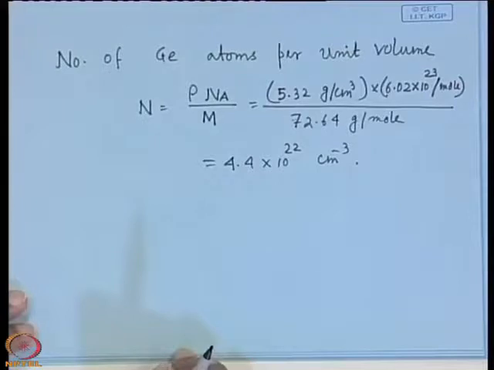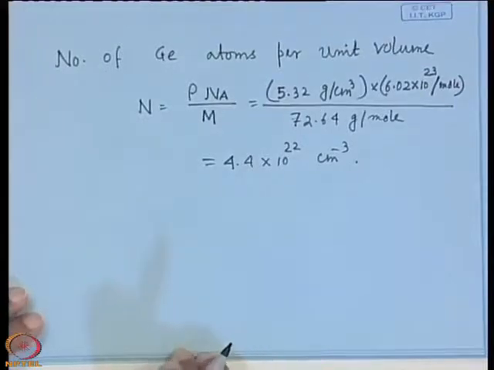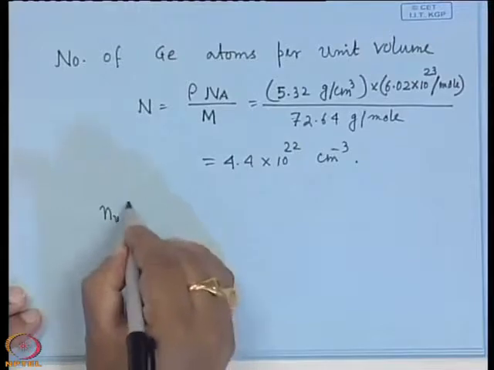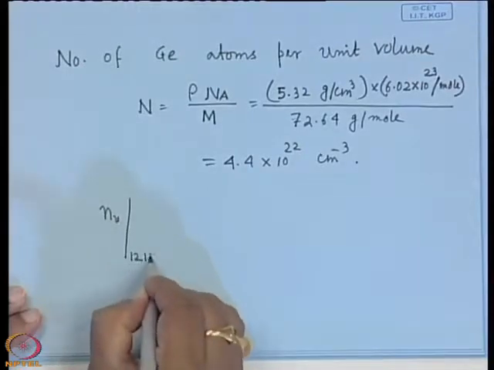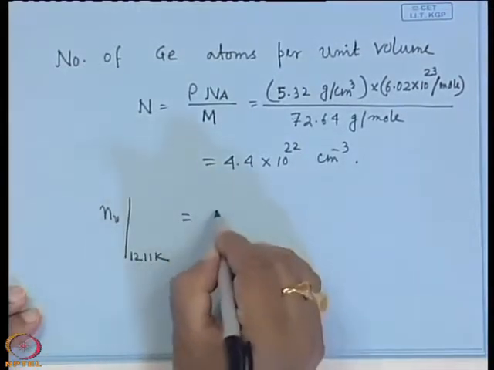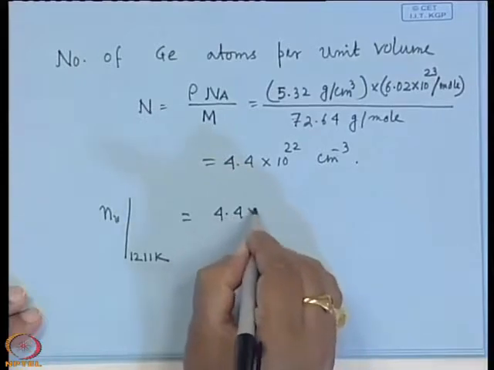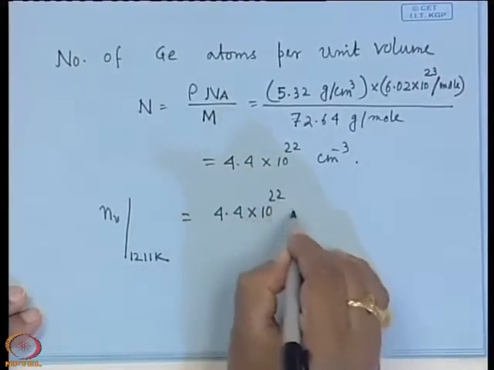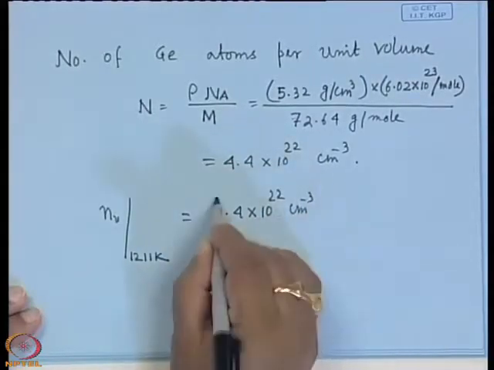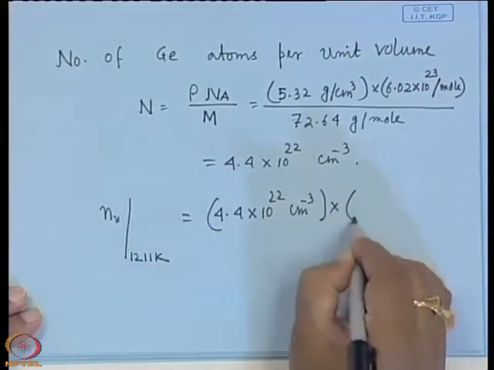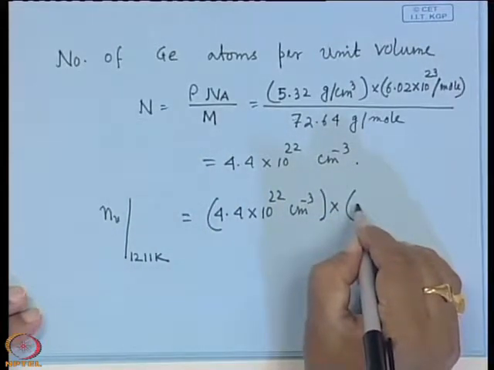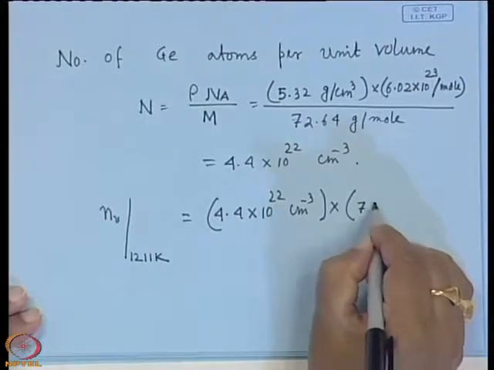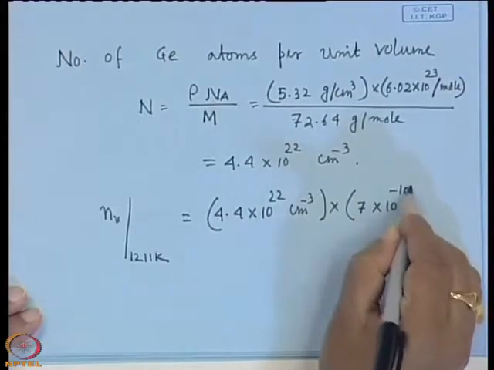Okay. Now, if you calculate the actual vacancy concentration in germanium near its melting point, you have to calculate Nv at 1211 Kelvin, that equals 4.4 into 10 to the power 22 centimeter cube inverse multiplied by 7 into 10 to the power minus 10.